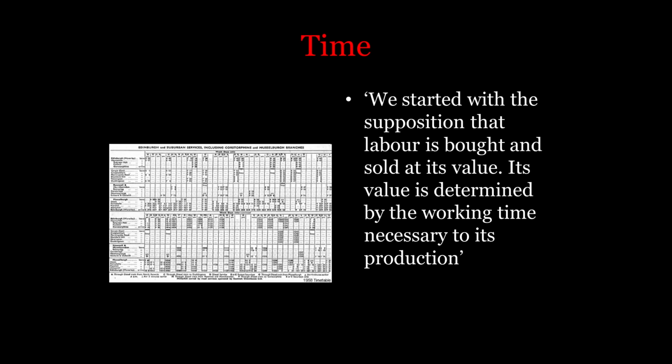Its value is determined by the working time necessary to its production. So time, on one level, represents quite loosely the movement of the cosmic bodies in relation to one another, the circling of the Earth in relation to the Sun. In a more specific experiential way, it's clock time, which is how capitalism is experienced, how it is organised, how it is able to function.